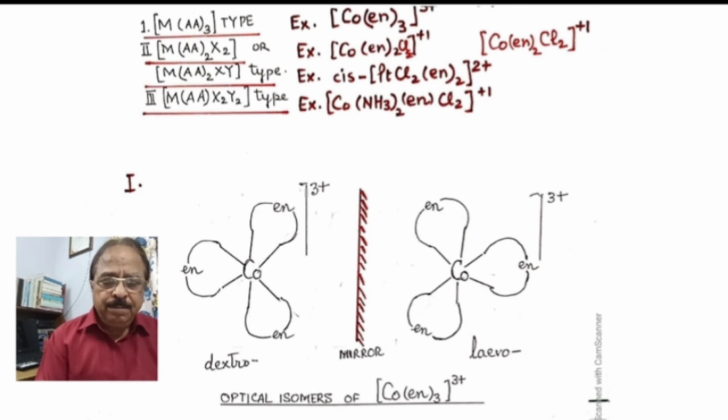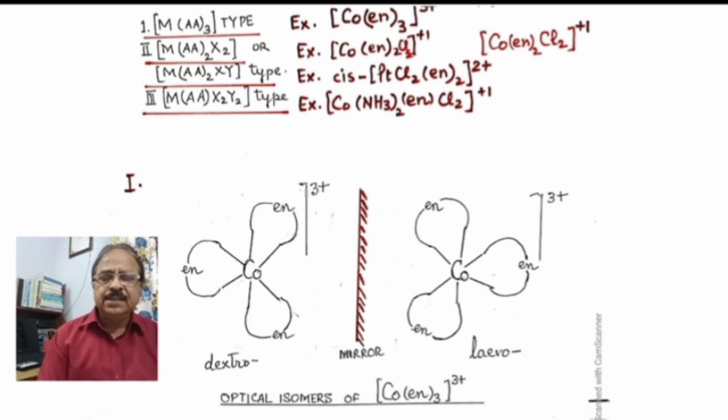So metal atom, one didentate ligand, two unidentate ligands of one type and two of the other type. And the example I have taken is a complex of cobalt. And what is its name? Its name is diamminedichlorido(ethane-1,2-diamine)cobalt(III) ion.